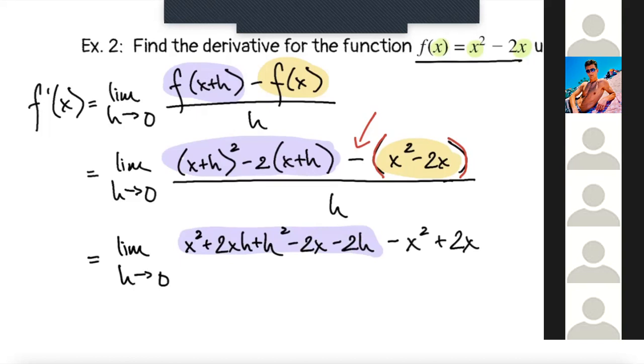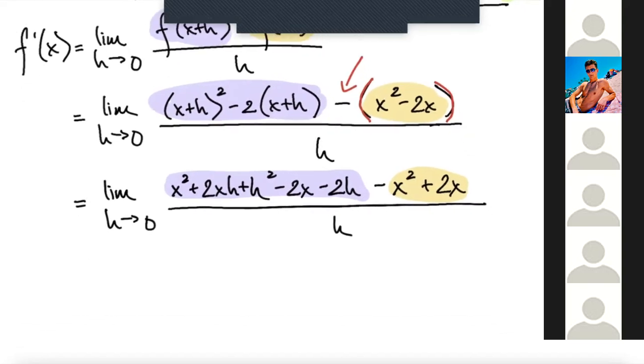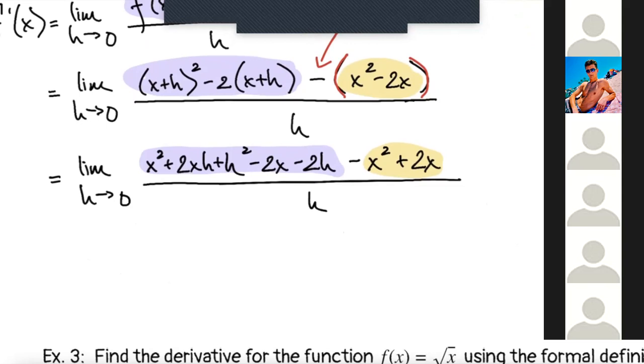And that is from the yellow after I distributed that sign. At this point, things should start to cancel. And once things start to cancel, you should be able to find a common factor of h in the numerator.